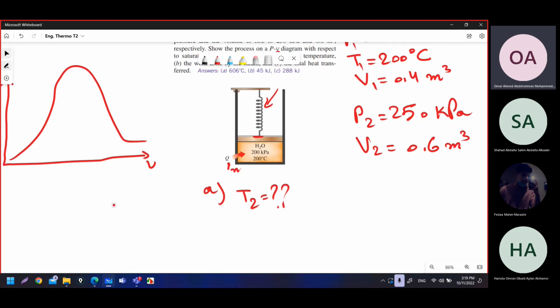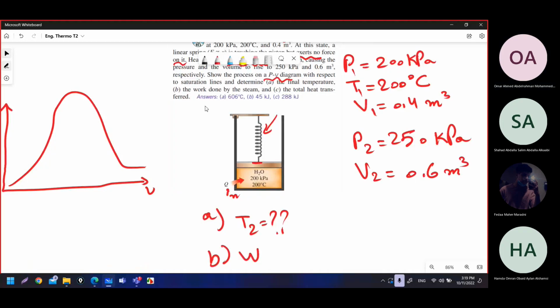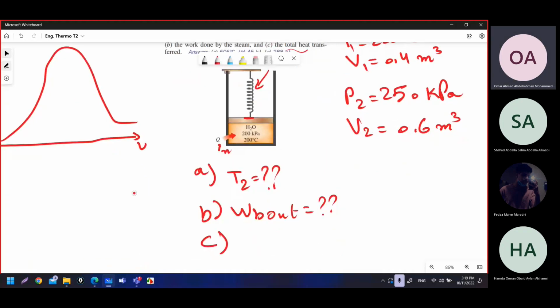Because it is work done by the working fluid inside the cylinder, it is an expansion process, so it is boundary work out. When you see work done by, it is work out; done on the system, it is work in. So he is asking for the boundary work out from the system. And then the total heat transferred, Qin. So in part C, I need to find Qin.